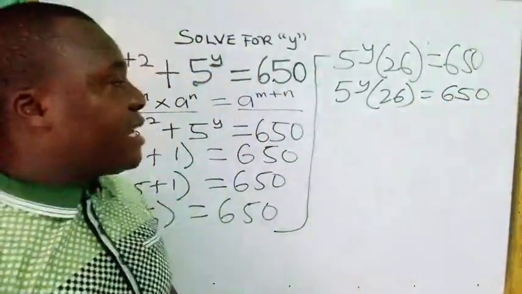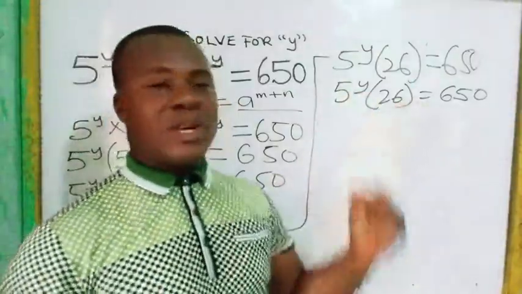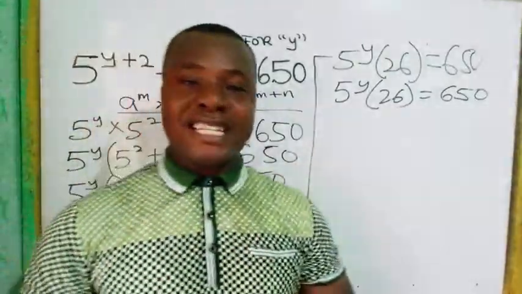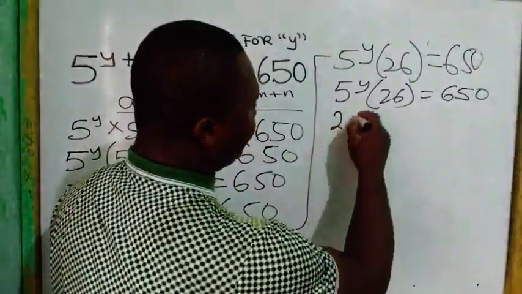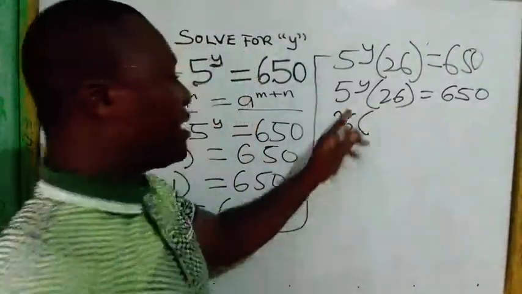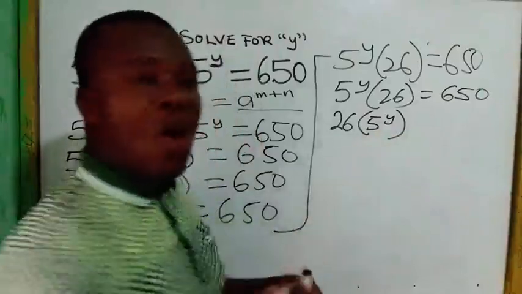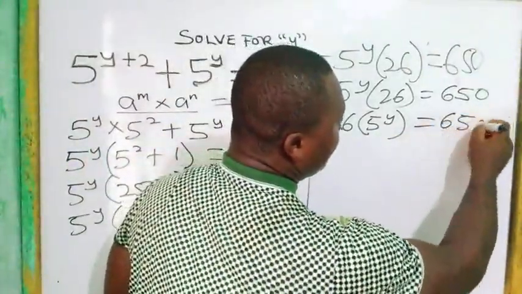Now it can be rewritten this way: 26 into bracket 5 raised to the power y, which is all the same, equal to 650.